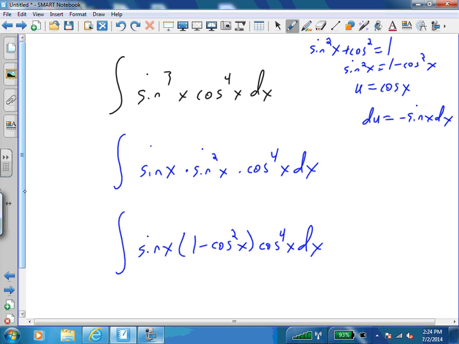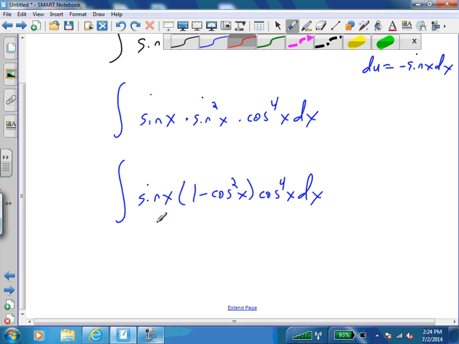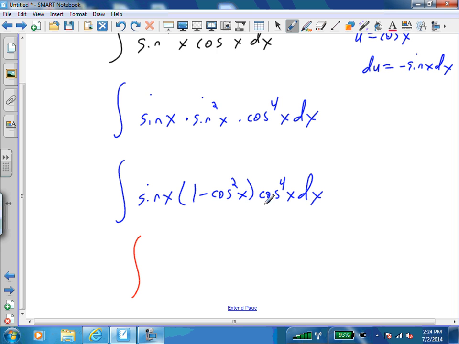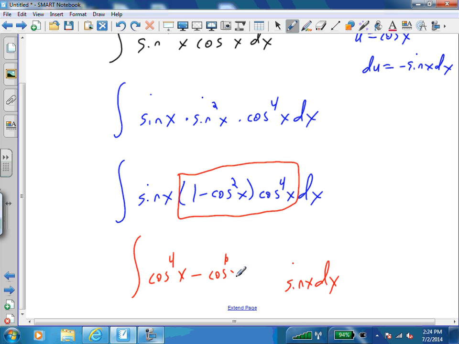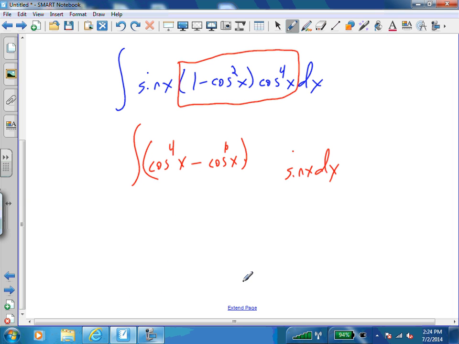Let's rewrite this just a touch. Let's move the sine over with the dx. And then let's multiply this together. If we distribute that cosine to the fourth, we'll have cosine to the fourth x minus cosine to the sixth x.